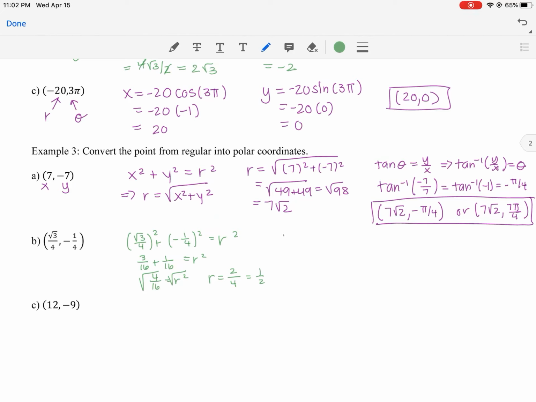Okay. Now if I do arctangent, or tangent inverse of y, I'm going to have negative 1/4. I'm going to write it like this for a second, divided by square root of 3 over 4. And you want to take a little moment. While you can't type that in your calculator, I would just think about that for a second: negative 1/4 divided by square root of 3 over 4.